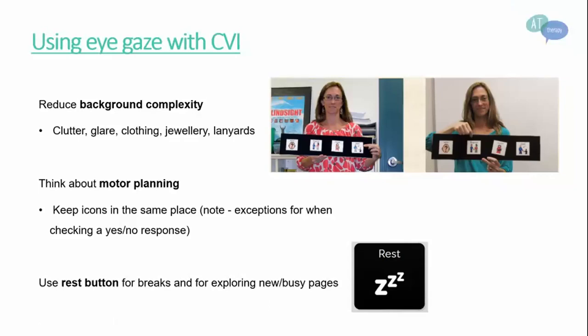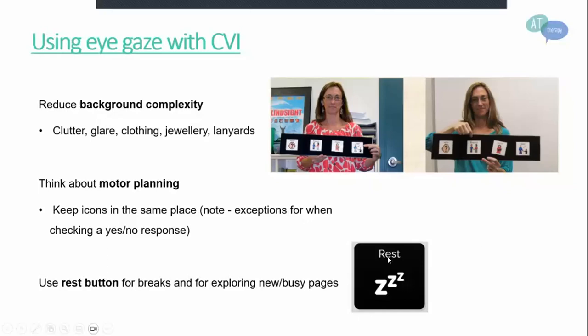So we want to be keeping the icons and the language in the same place where we can, except for if we want to be testing a yes or no response, we might be swapping those around. And then the rest cell can be a really good thing to teach someone how to use if they've got CVI, because it just gives them a bit more extra time to process, look around, have a break, and then come back to it.